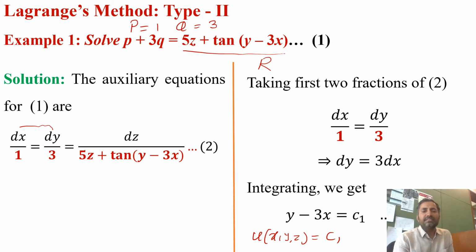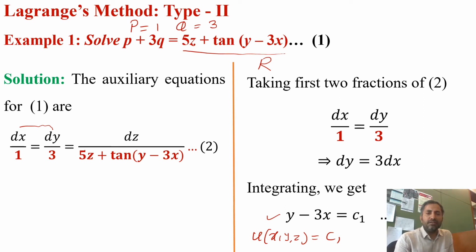If we go in the same pattern by selecting any other two fractions, that will be a type 1 solution. But by selecting the first and third or the second and third, it is not feasible to get a direct solution. So we use this relation and then apply it in any two fractions.